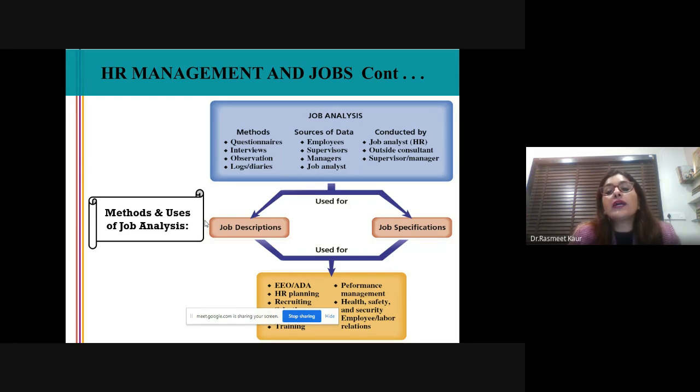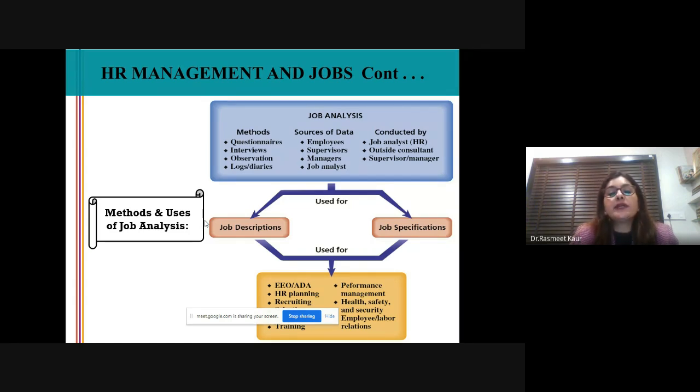Then, how do you collect these different pieces of information? As I just said, employees, supervisors, and managers are the people who help you collect this information. If you do not have a person who has the knowledge and ability to do a proper job analysis, companies also appoint a job analyst.